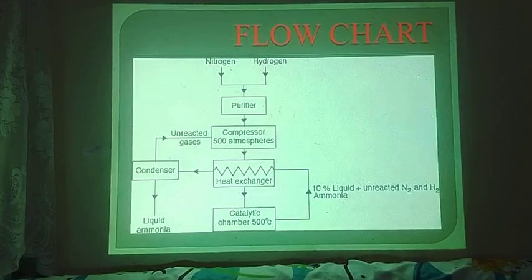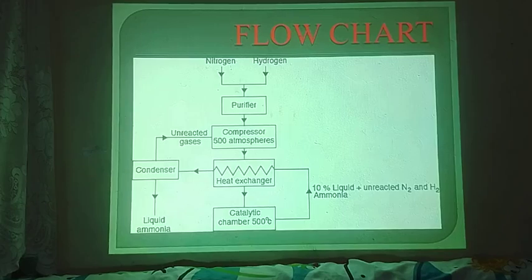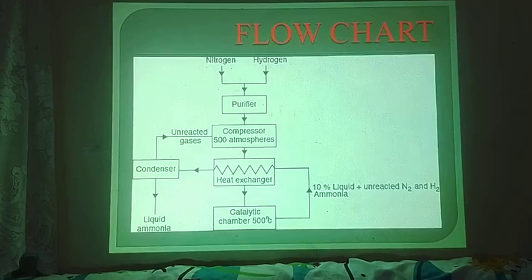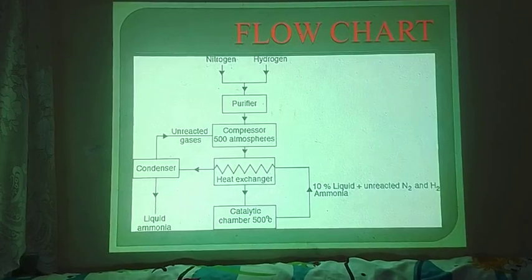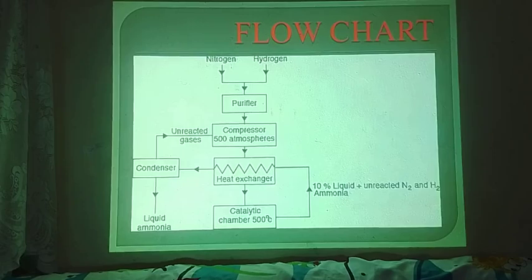Then it is only 10% of ammonia, plus the unreacted nitrogen and hydrogen, being just taken back to heat exchanger. We shall see why. Then from the heat exchanger, those products are then taken to a condenser, where the products are being condensed.